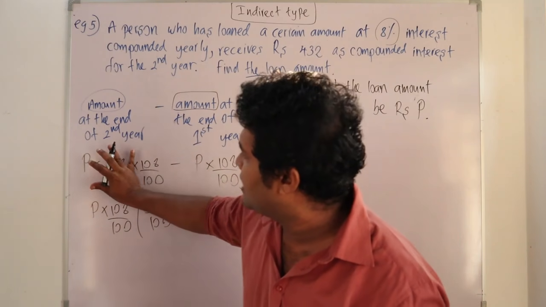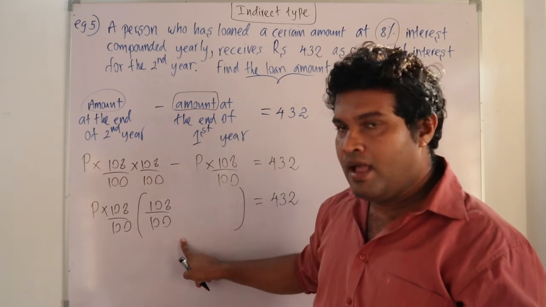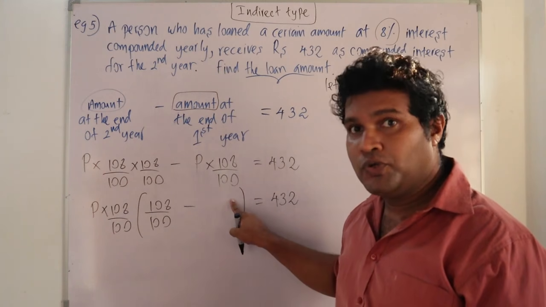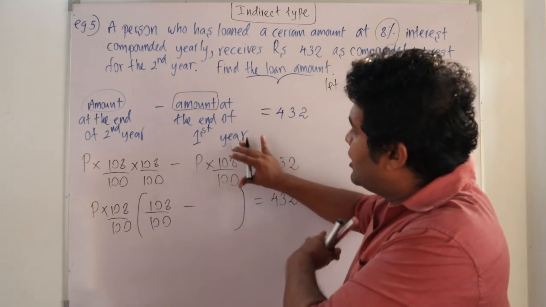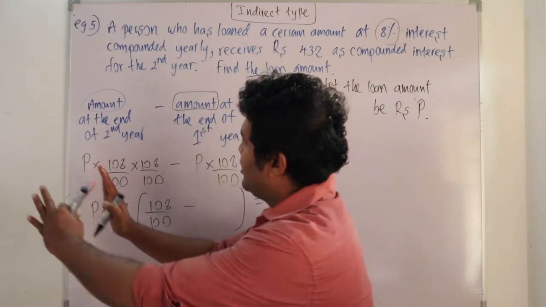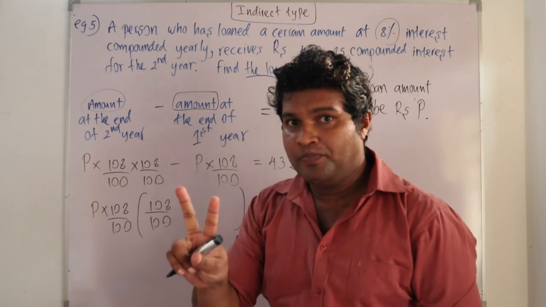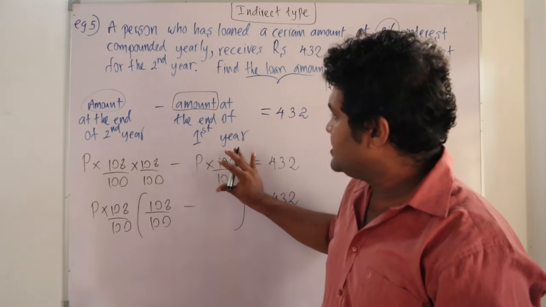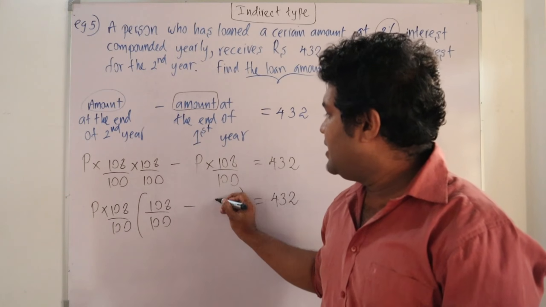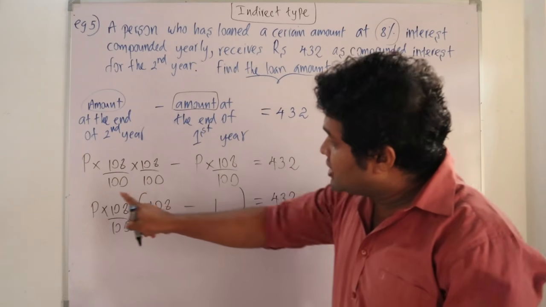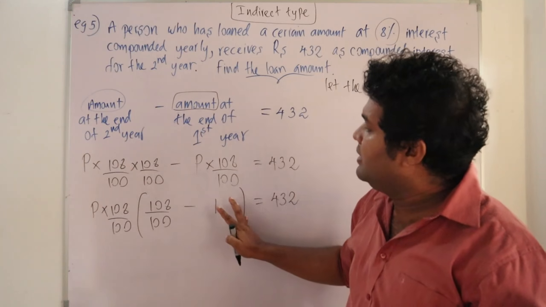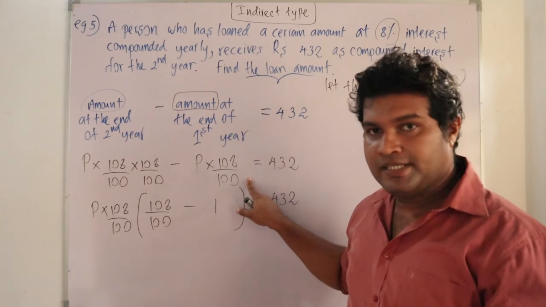What is remaining? 108 over 100, because from the second term too, we have taken the same term P times 108 over 100. That's a common thing. The common thing should be there in at least two terms, no? Then 1 is remaining. Why 1? Because if you multiply this term by 1, it comes back vice versa.